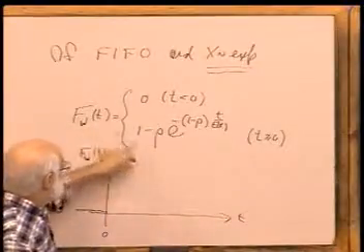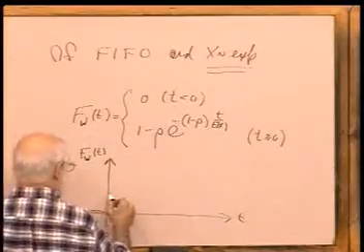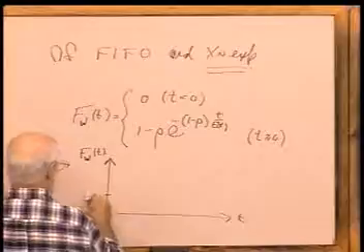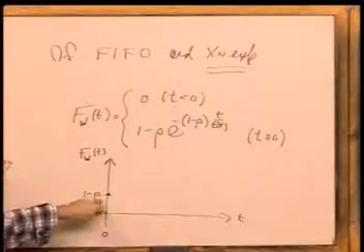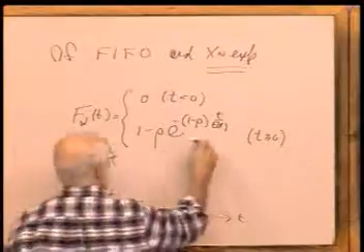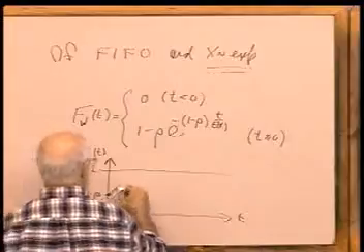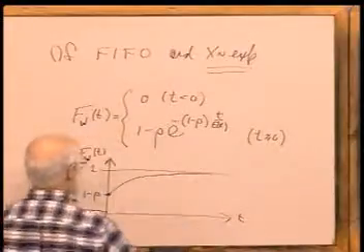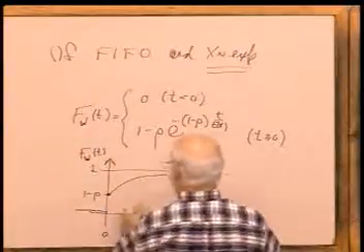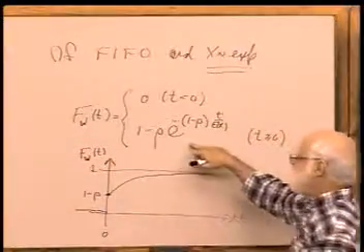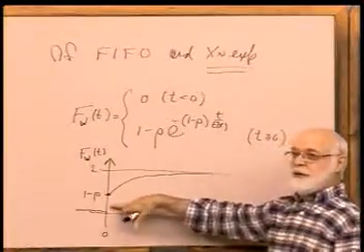So F_W of t, when t is 0, is 1 minus rho, which is not 0. In other words, there's a discontinuity, a jump, and then if I was to continue to draw the graph, it would look almost like an exponential curve. Except for this jump at the origin, this is just like an exponential. But the jump at the origin is something you haven't seen before.